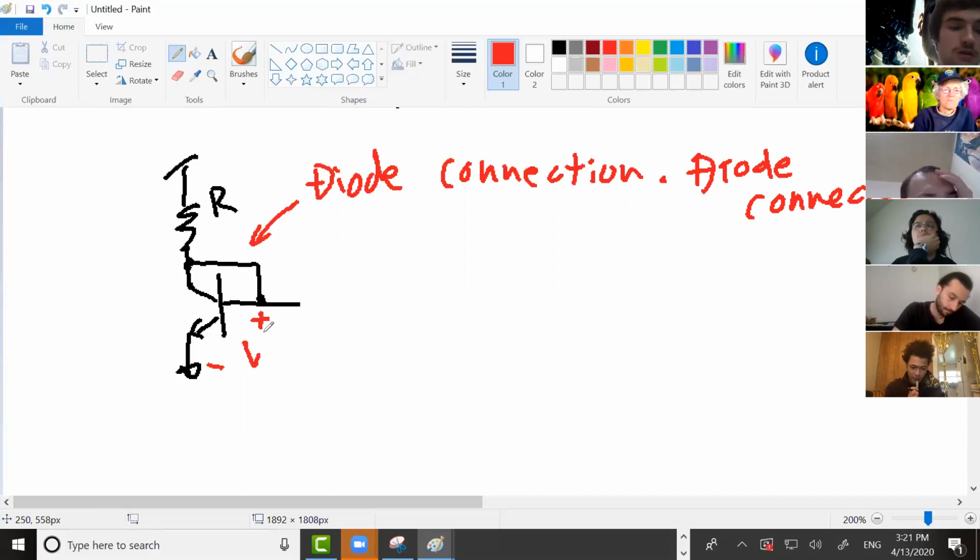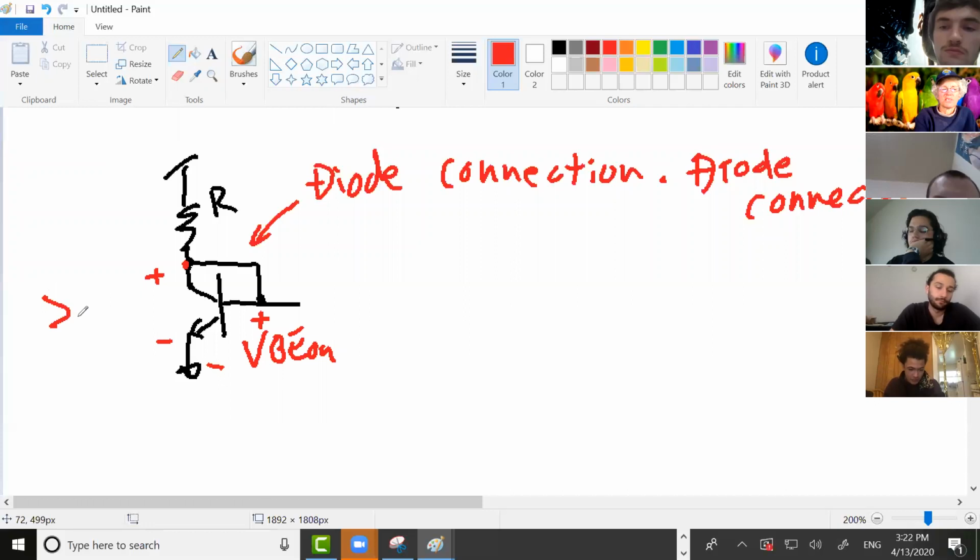VBE on. And VBE on is always bigger than VCE sat. So this voltage will always be greater than VCE sat, and you know this transistor is in the forward active region.